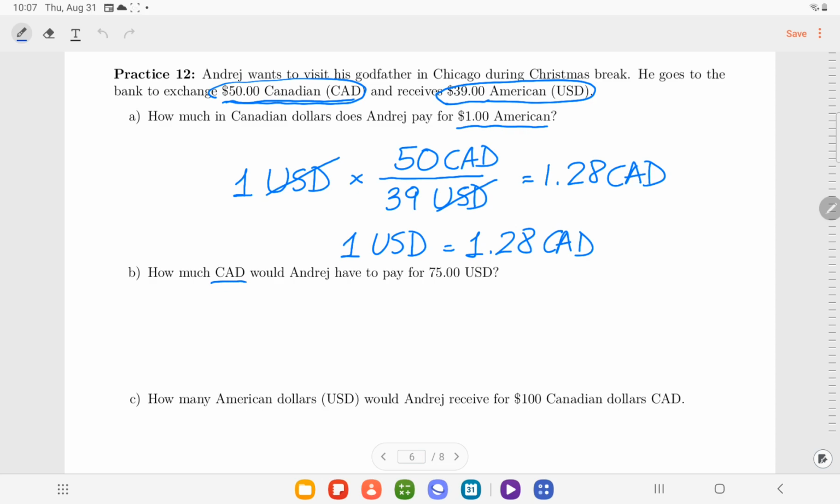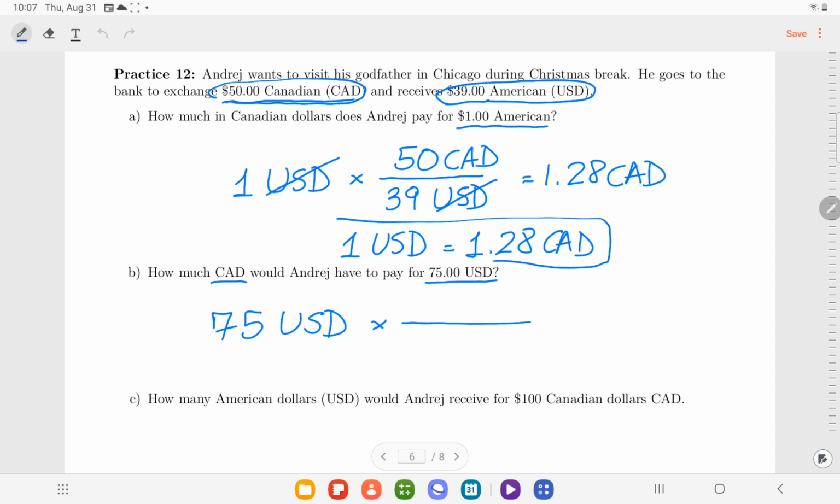So 1 US dollar equals 1.28 Canadian dollars. How many Canadian dollars would Andre have to pay for 75 US dollars? We can either use the conversion factor 1 US is 1.28 Canadian, or 50 Canadian is 39 US.